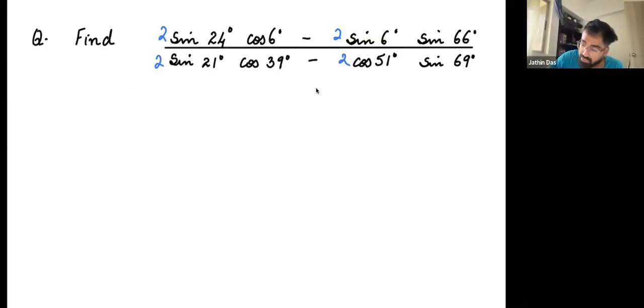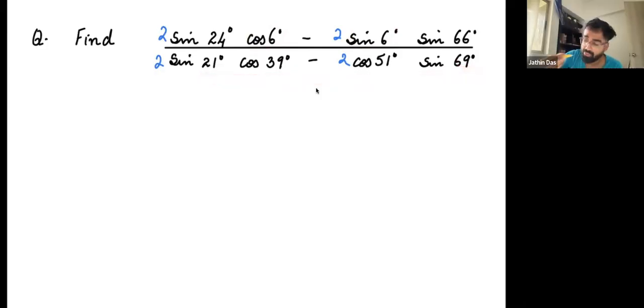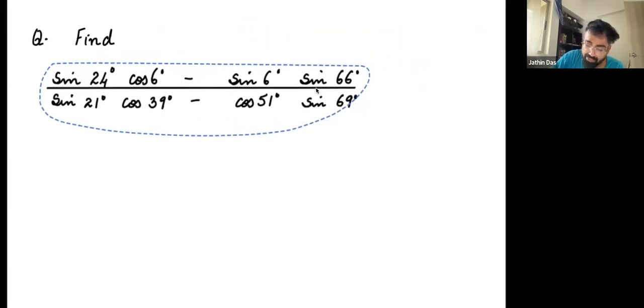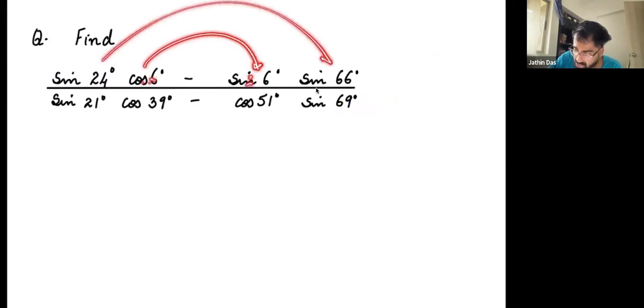But before that, there is a 6 here and a 6 here, but the other numbers are not the same. So I have to first make it into that form, and only then can I apply this. Because to apply the A plus B, A minus B form, cos and sine should be of the same angle, and here also it should be the same. Cos and sine should be repeated.